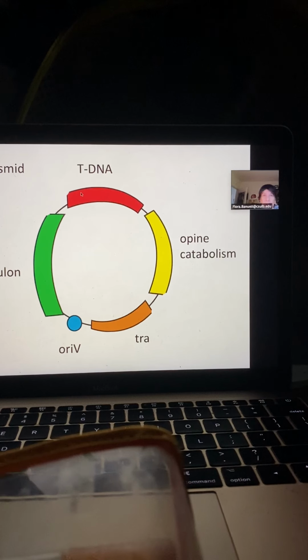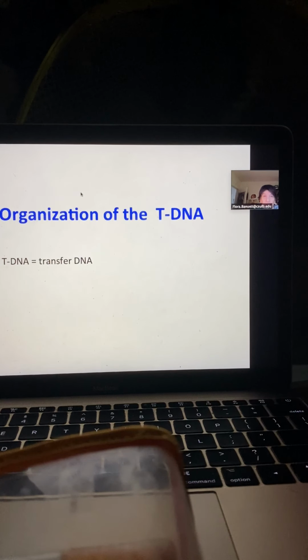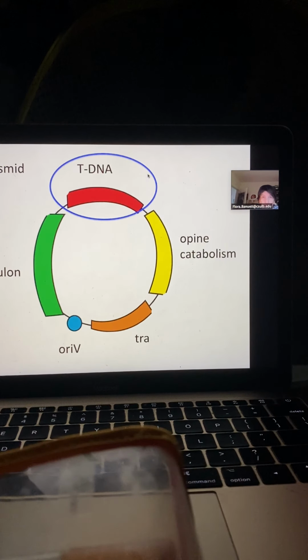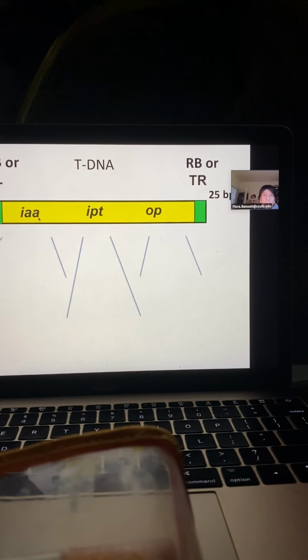So what does this T-DNA have? So T-DNA for transfer DNA. And this is what I'm going to be describing now, just this. Okay, so it has several genes here, a block of genes. And I'm going to tell you what they are. So here, the T-DNA has 25 base pair repeats at both ends.